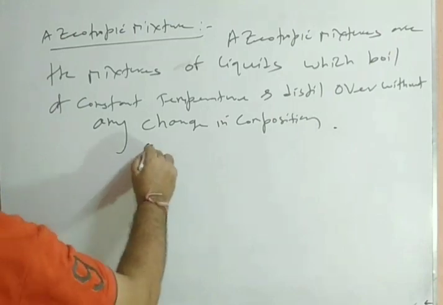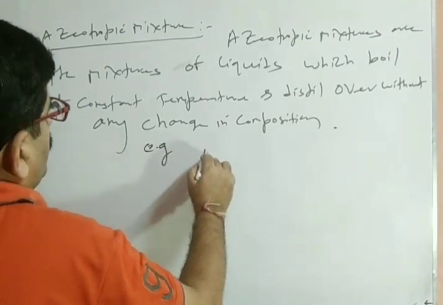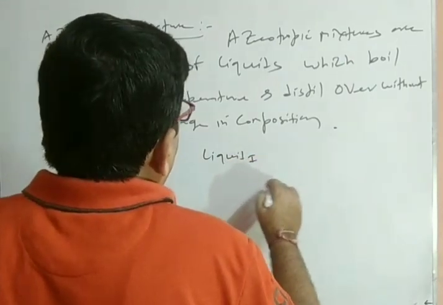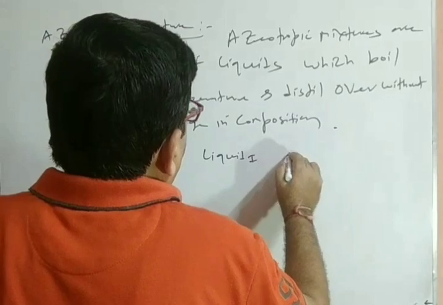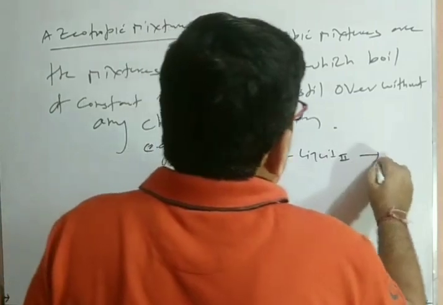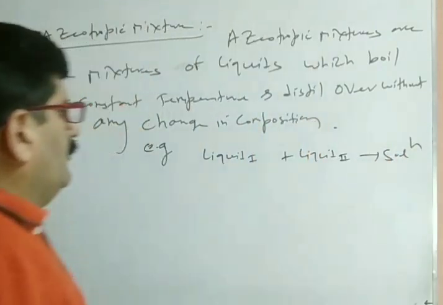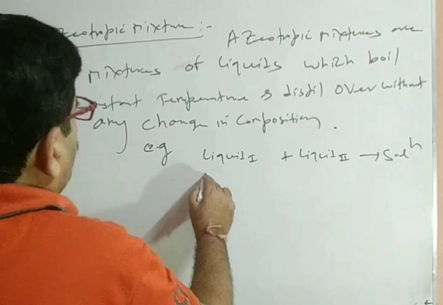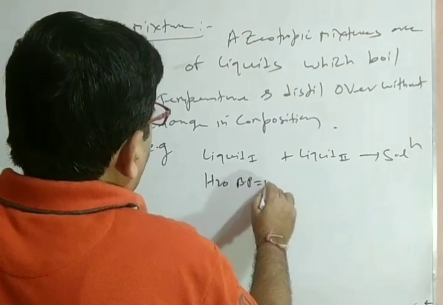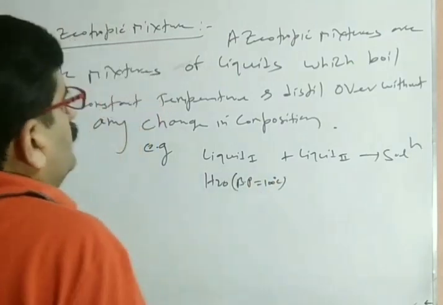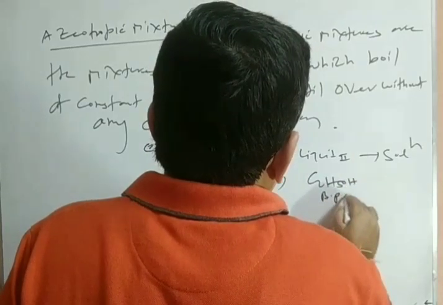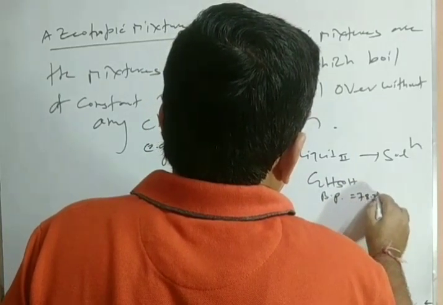Suppose liquid first plus liquid second are mixed together to form a solution. Liquid A, water, BP 100 degree centigrade, ethyl alcohol, BP 78.3 degree.